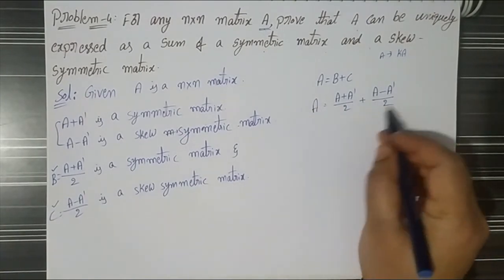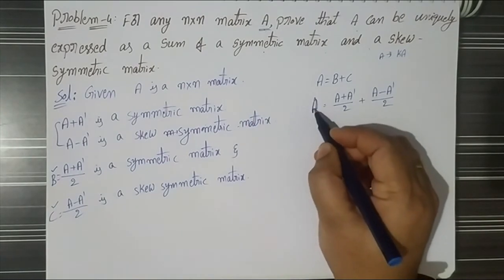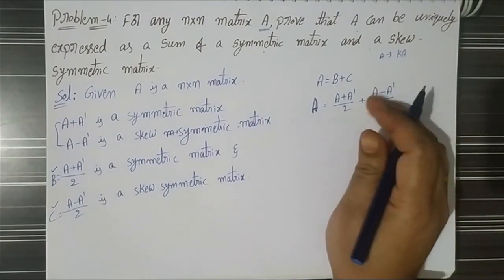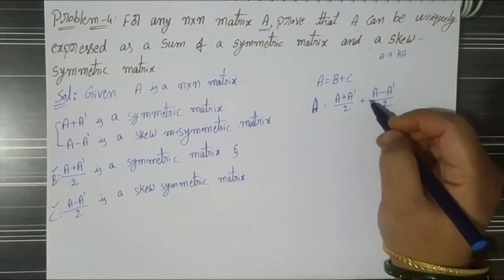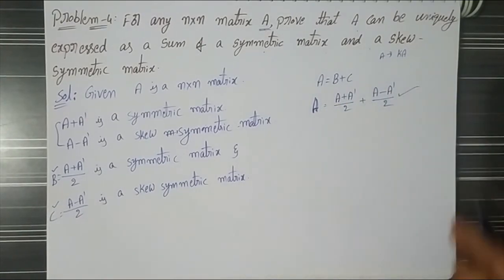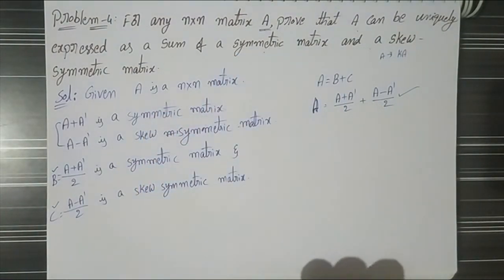By adding these two, we get the A value. Then this A can be easily written as the sum of symmetric and skew symmetric matrices. This is our fourth problem solution.